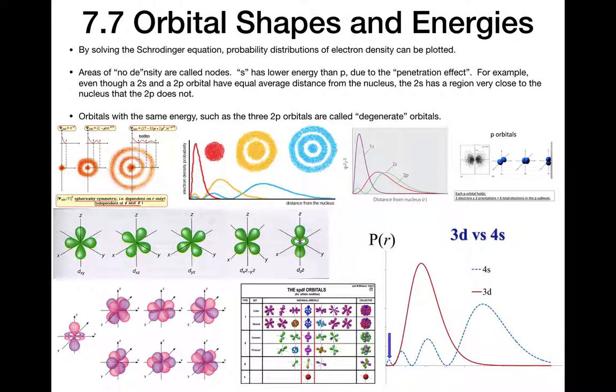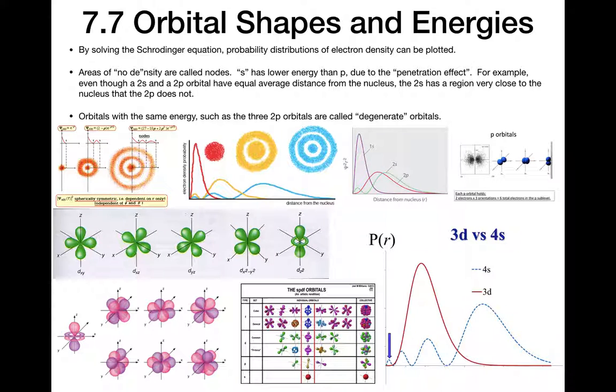The 3s orbital has 2 nodes. An area of density near the nucleus, another area a little farther out, and then most of the density is at an area that's farther from the nucleus than the 2s, and the 2s is farther than the 1s.